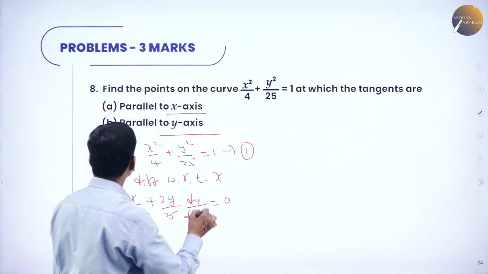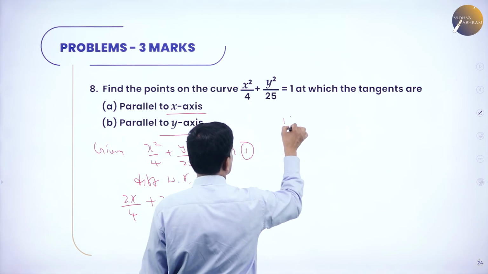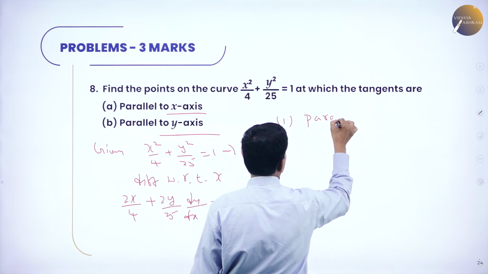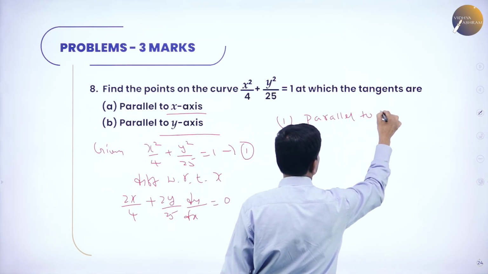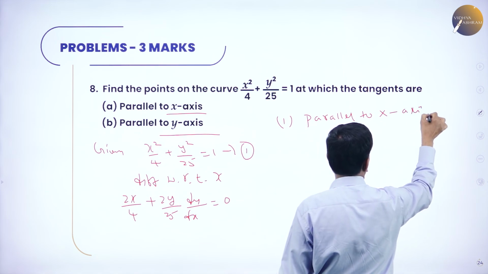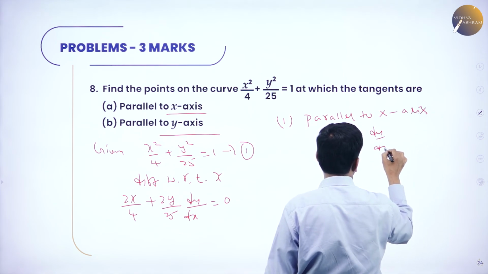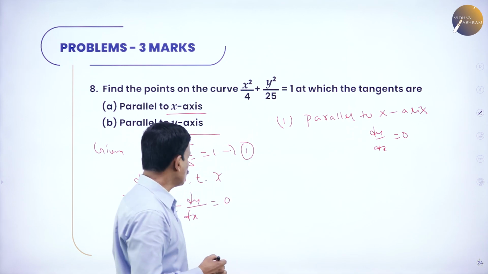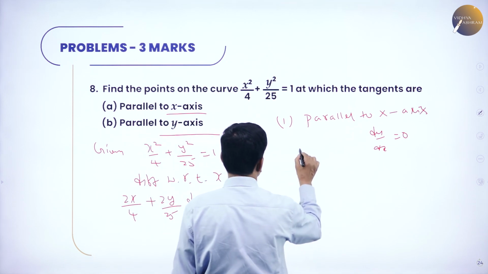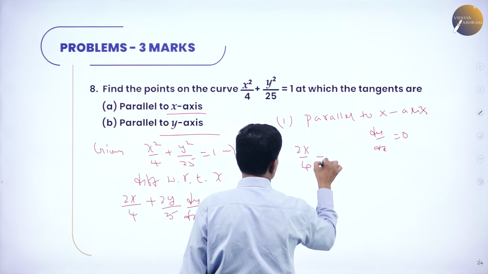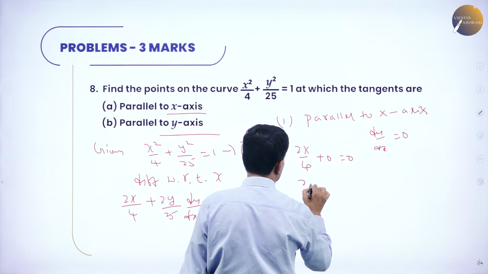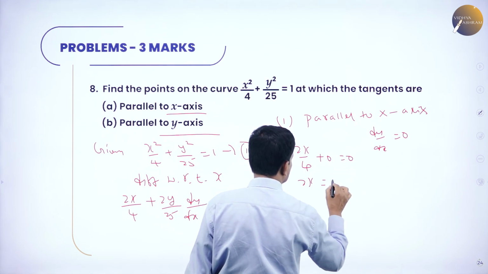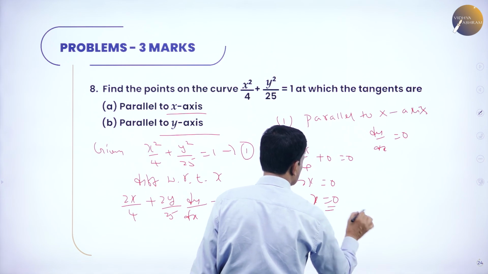Now first condition, parallel to x-axis. Parallel to x-axis means dy by dx is equal to 0. That is the first condition. Now dy by dx is equal to 0 means what you will get? 2x by 4 plus 0 is equal to 0. 2x is equal to 4 into 0 is 0, x is equal to 0.